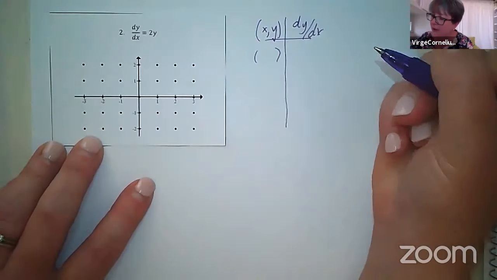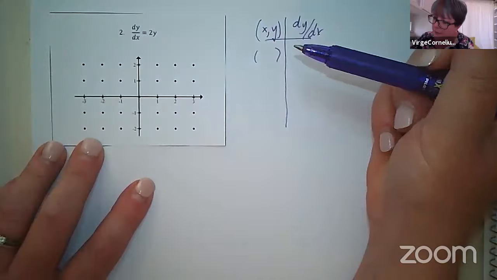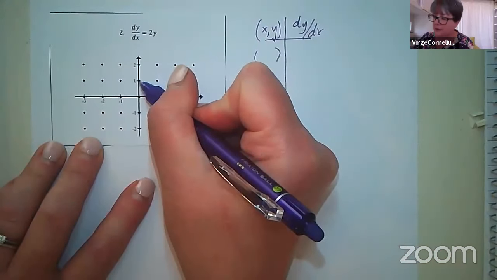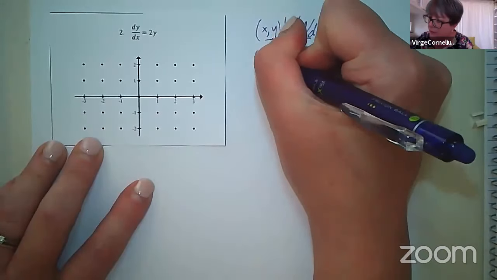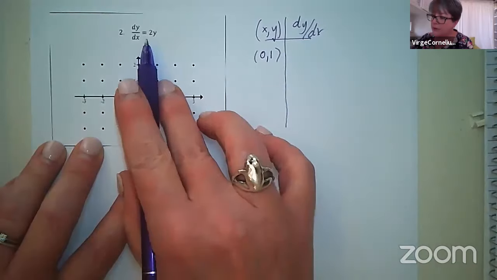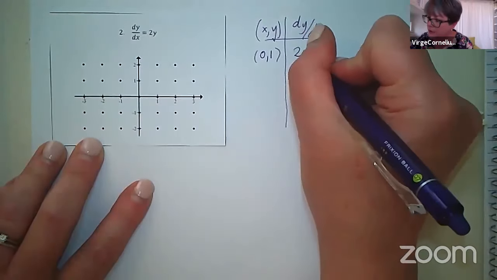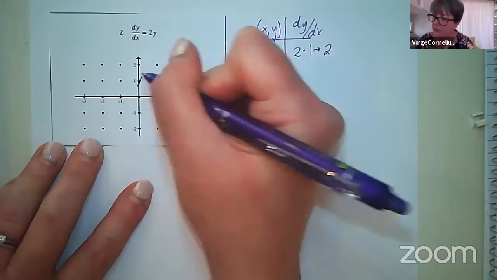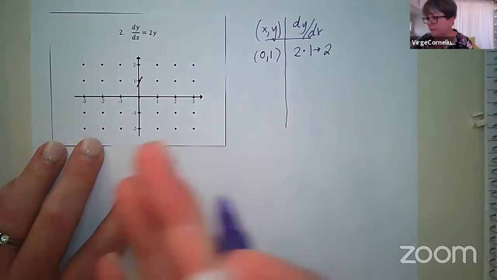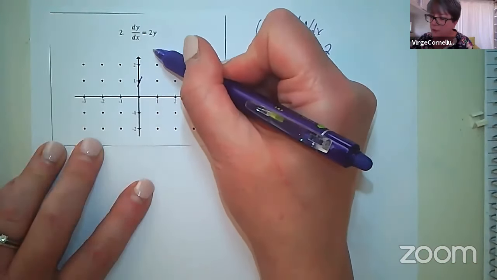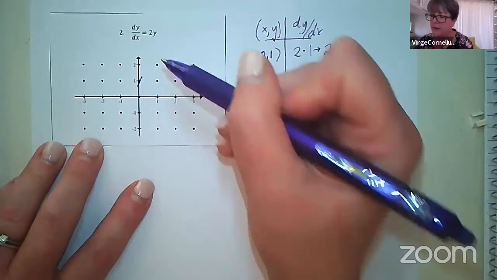They're good. Okay, so for example, here, at this point right here, the point (0, 1), the y value is equal to 1. So the slope would be 2 times 1, which ends up being 2. So that's going to have a slope of 2, fairly steep. Like Mark says, he imagines another point that's up 2 over 1 that he could connect to if he extended that line segment.